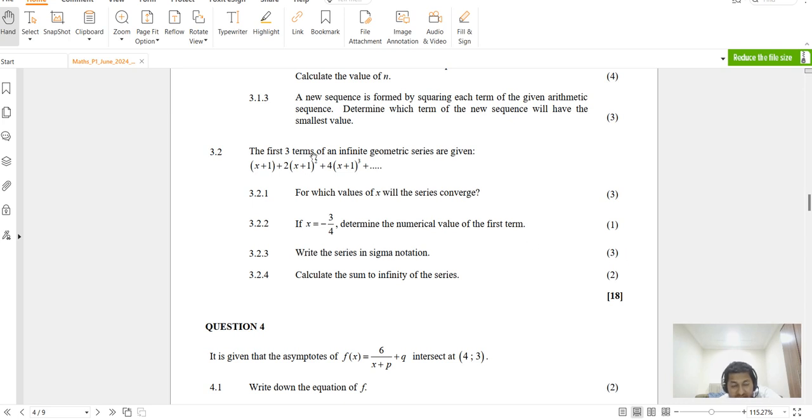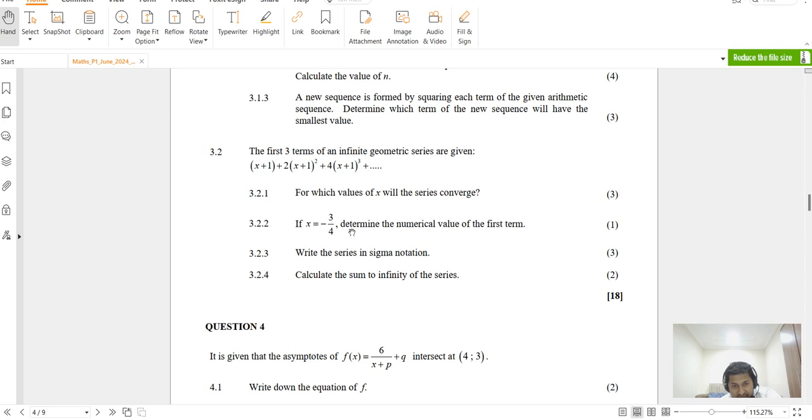The first 3 terms of an infinite geometric series are given. Write the series in sigma notation. Okay, if x is equal to -3/4, then we'll write the series in sigma notation.